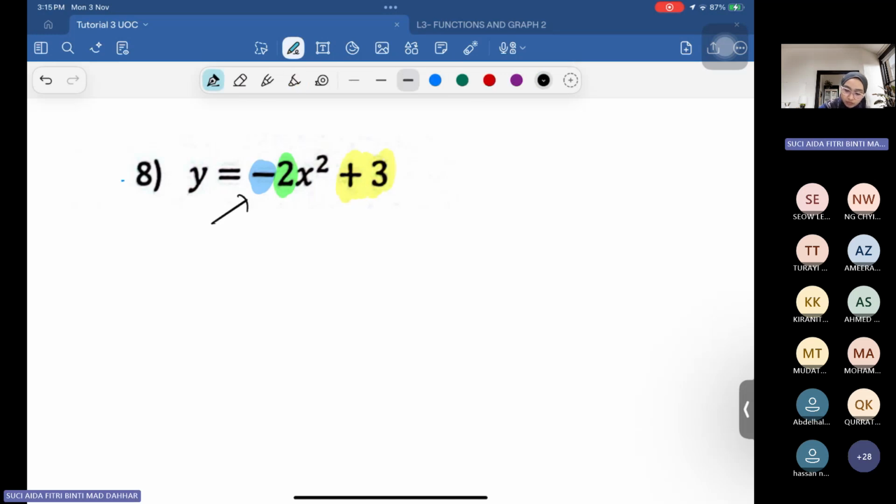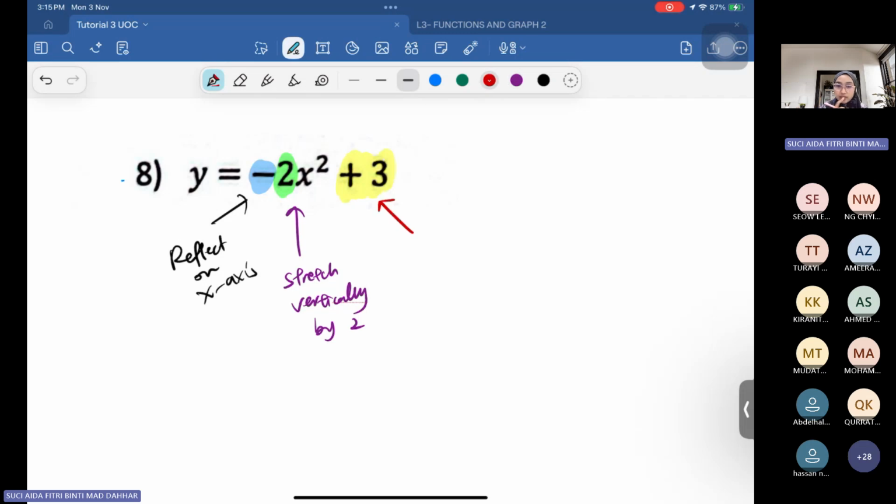This negative is a reflection on which axis? X-axis, good. Multiplying by 2, you stretch vertically by a scale factor of 2, and then adding 3 outside is a shift up by 3 units.